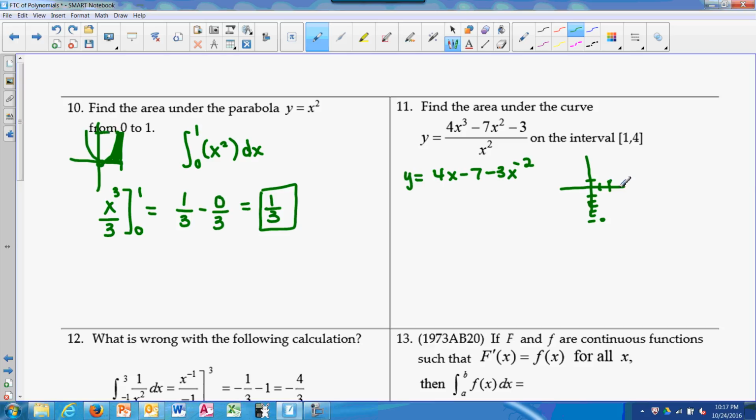If we were to use 3, 12 minus 7 is 5, and then we'd have minus 3/9. So 5 minus 1/3 is even more positive. So you can see that our function is going to continue in that upward direction, at least for this part.